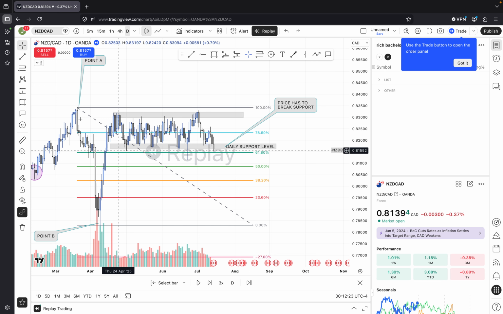Because that'll let me know the indication: correction, what? Continuation. So now price has to break this support level on the daily. All right, now look what it does. Price broke it. If it's leaving this long wick right here, that means it's respecting it. This breaks. This is respect. Again, respect, respect, respect, respect, break, right?